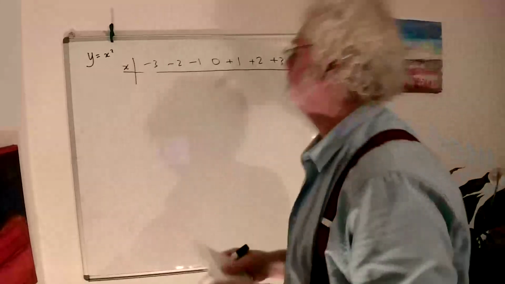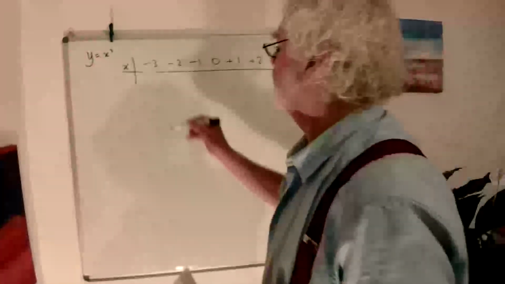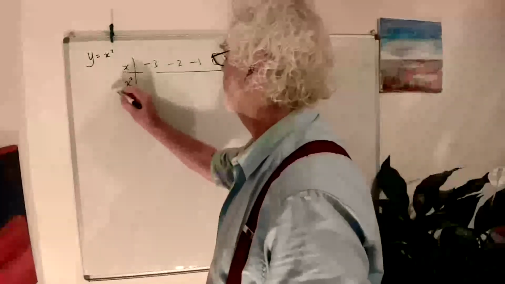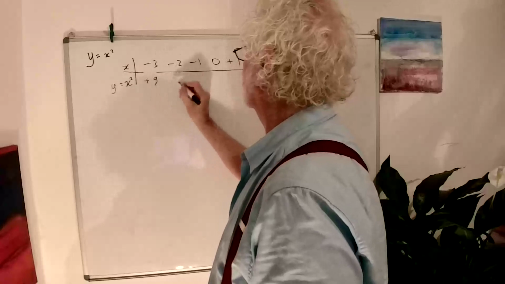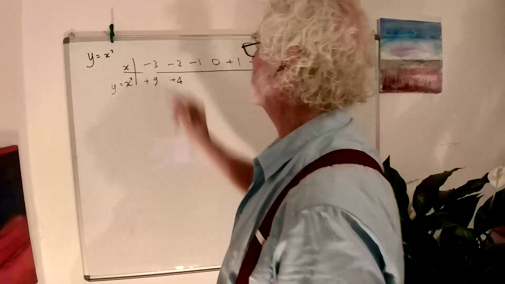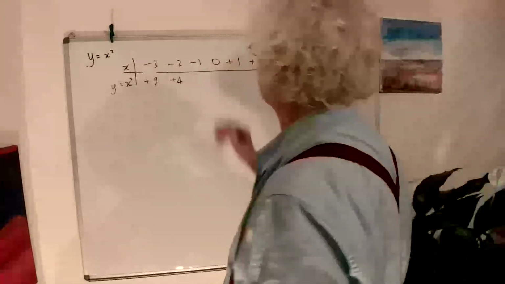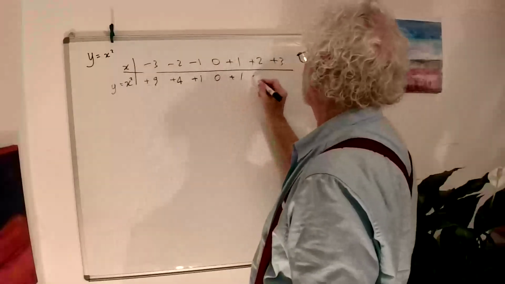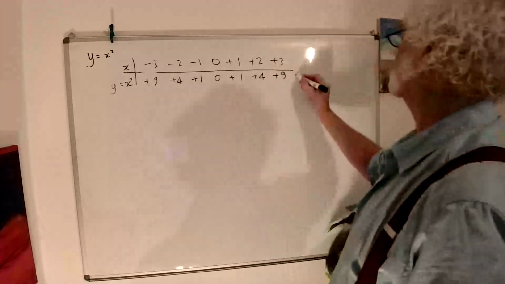Yeah, that's it. And then y equals x squared will be plus 9, plus 4. We talked about how the square of a negative number is positive. Plus 1, 0, plus 1, plus 4, plus 9. The next one would actually be plus 16.